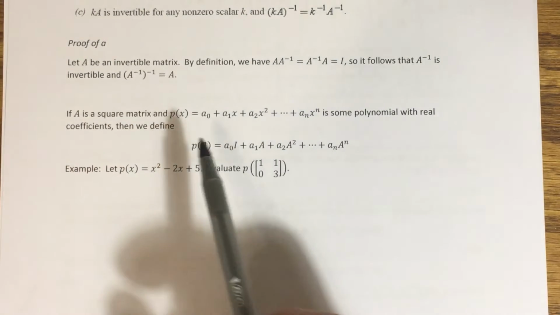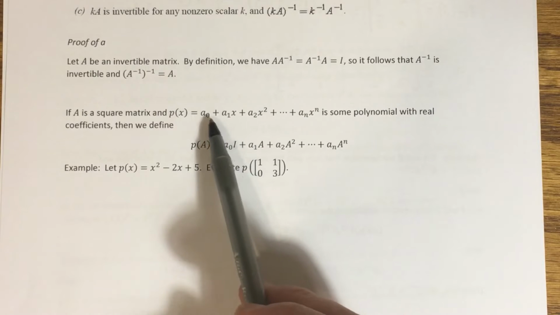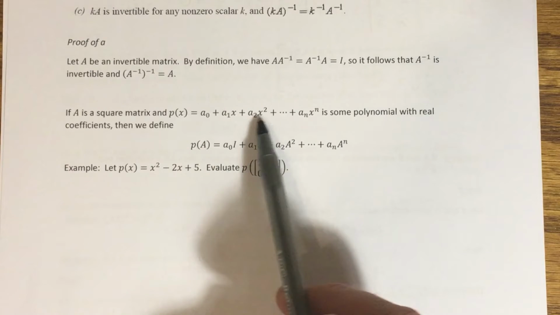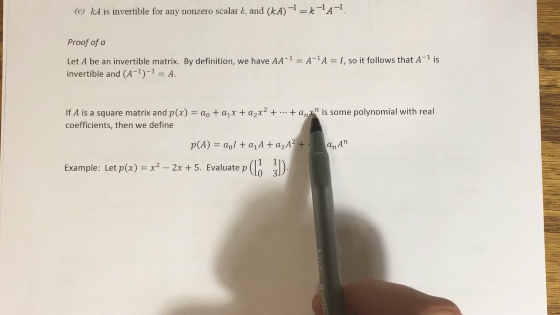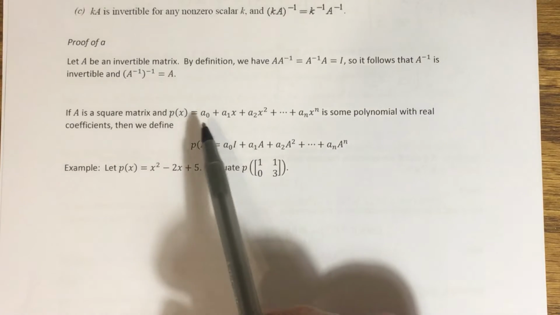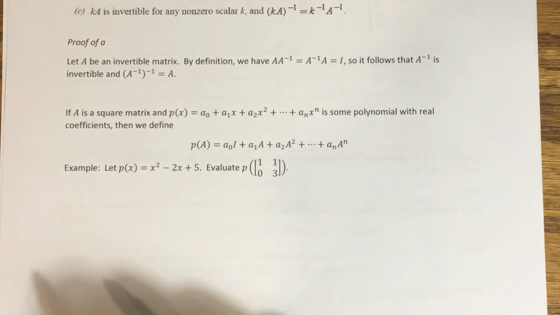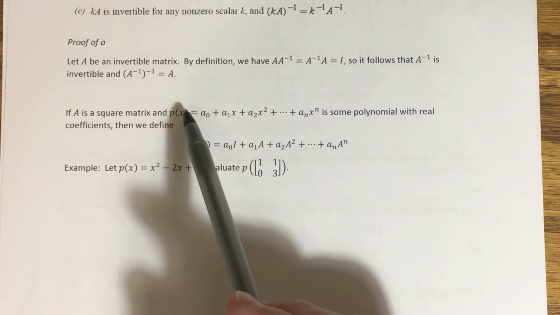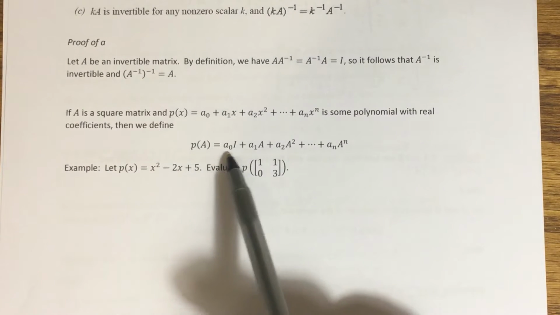So if we have a polynomial, p of x equals this, a naught plus a1x plus, this is an nth degree polynomial, so we go out to this x to the nth power term, and all of these are real coefficients, then plugging a square matrix A into this polynomial represents this.